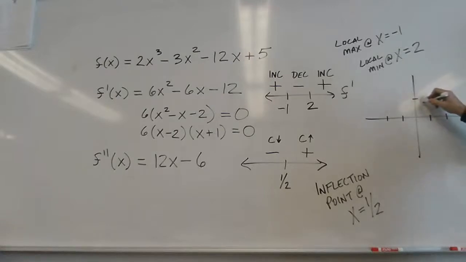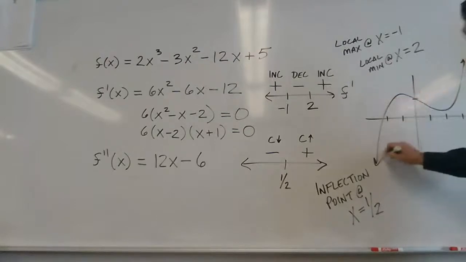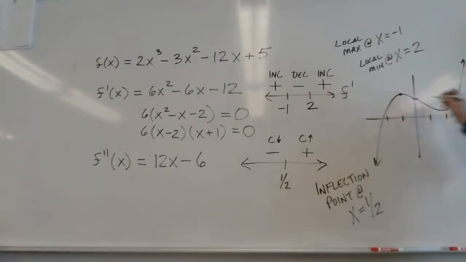I'll try my best to put in my inflection point. You see what I'm talking about here? Local max at -1. Local min at 2. And then there's my inflection point at 1/2.